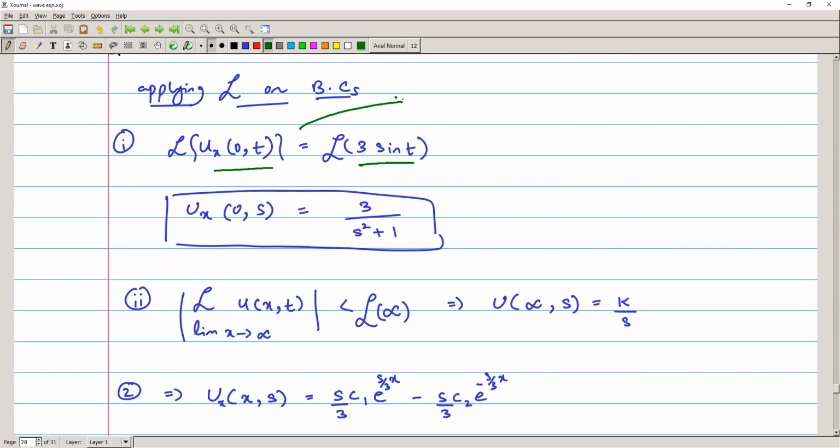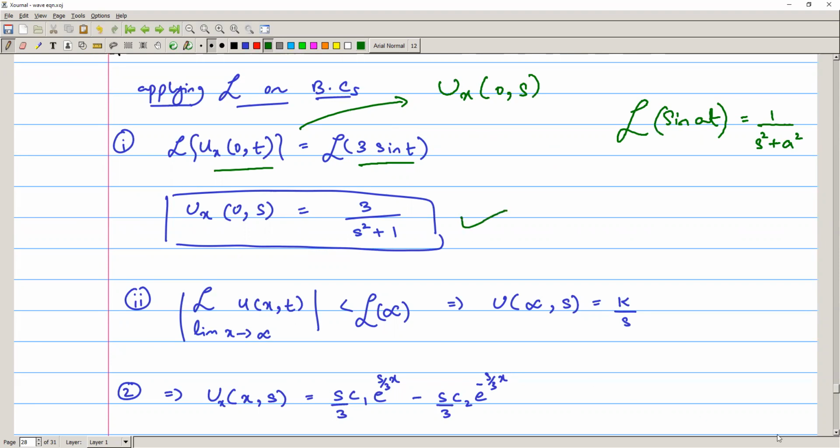This becomes U_x(0,s), and applying the transform on sin t, we know that the Laplace transform of sin(at) is equal to a over s² plus a². So this is 3 over s² plus 1.